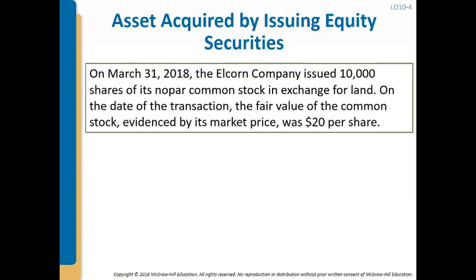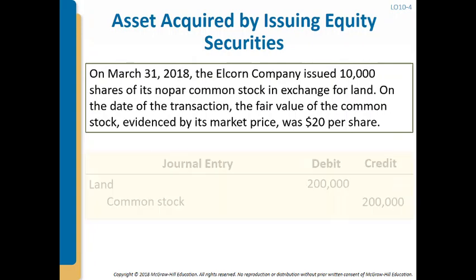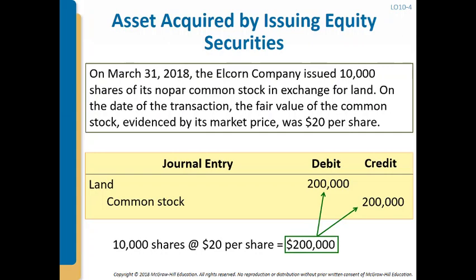So, example here, on March 31, 2018, the Elkhorn Company issued 10,000 shares of its no-par common stock in exchange for land. On the date of the transaction, the fair value of the common stock evidenced by its market price was $20 per share. And so you're going to put this land on your books at the fair market value of the shares given, which is $200,000. So here's your entry.